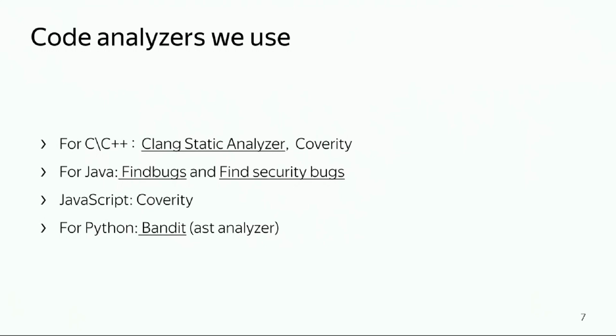Coverity actually is not open source, but in our point of view, it's the only static analyzer for C++ that it's possible to use, because others are full of false positives, or even complicated to integrate into your CI system. For Python we use the Bandit tool. It's a very simple and convenient AST search. And for Java we use FindBugs and Find Security Bugs.